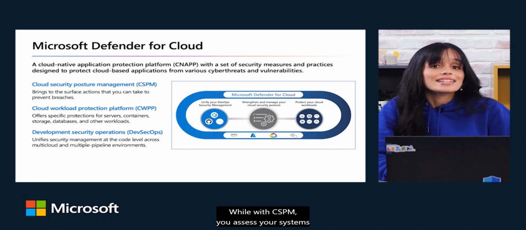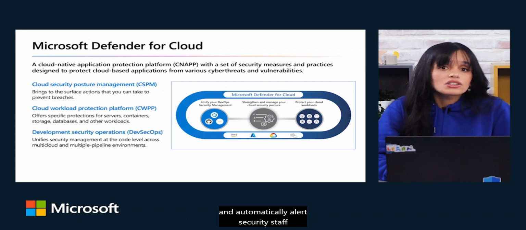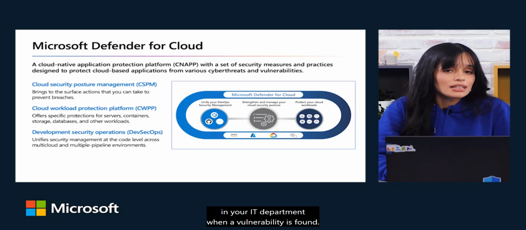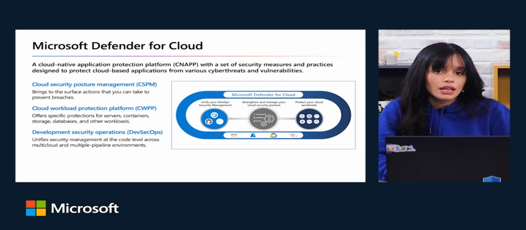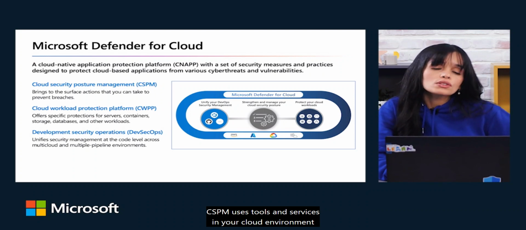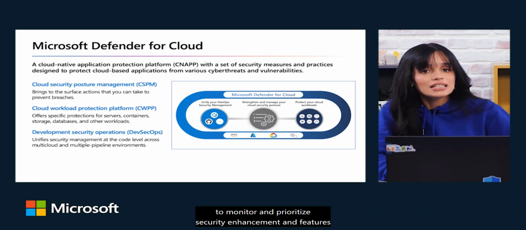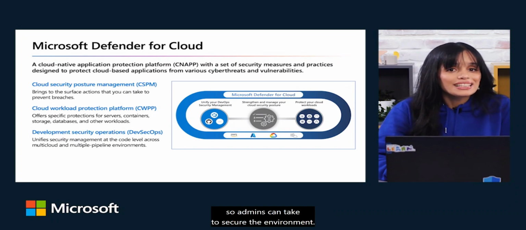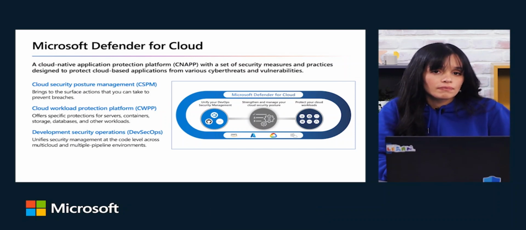While with CSPM, you assess your systems and automatically alert security staff in your IT department when a vulnerability is found. CSPM uses tools and services in your cloud environment to monitor and prioritize security enhancements and features so admins can take action to secure the environment.